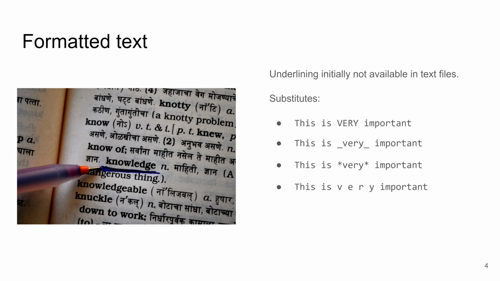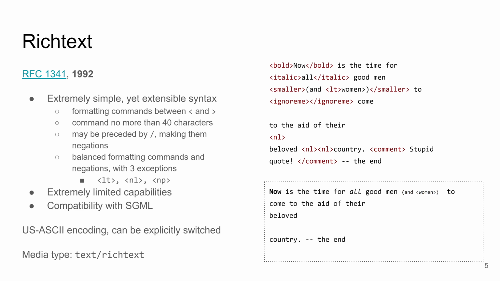So this in 1992 led to a definition of rich text, which was designed with a few design goals in mind. One of those goals was that it needs to be extremely simple, yet extensible. And also by design, rich text has extremely limited capabilities.